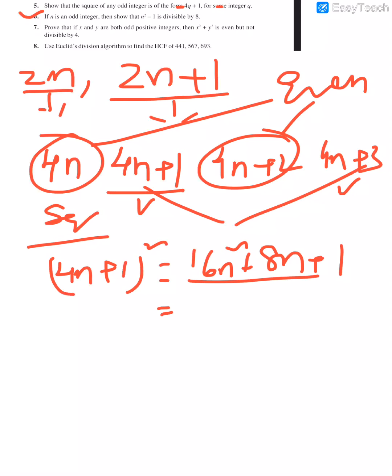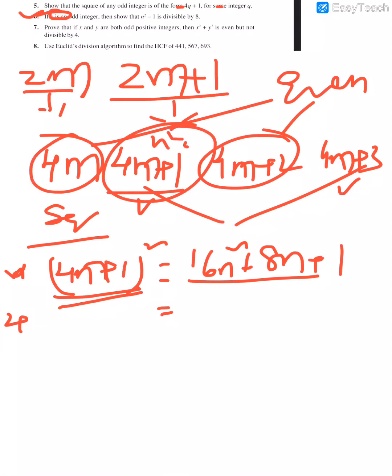So you can take 8 common here. This is an odd integer, and what they are asking is, let us not confuse here. In the question it is given n, so let us not take n here, let us take m here. So this is the odd number, so n is equal to 4m plus 1.